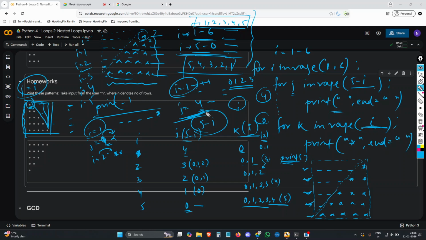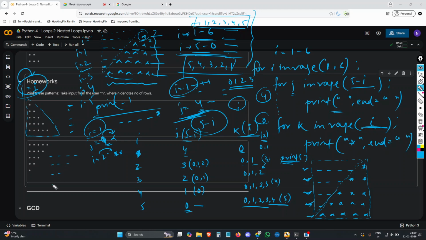Here we are not dependent on the K, on the J. We did not need it, because if I made the J just dependent on the I, I simply got this. I showed you that, right? But here the game has changed because I need spaces.